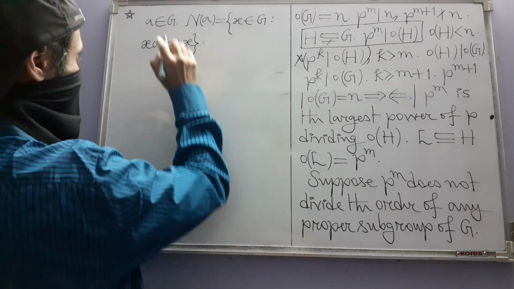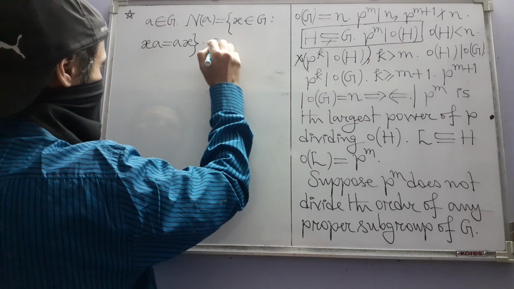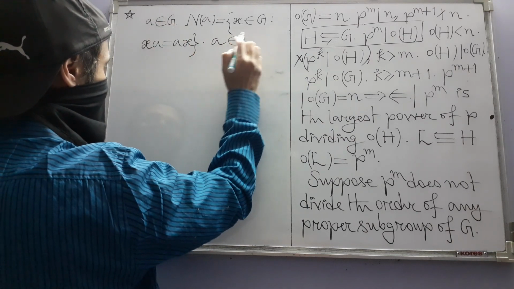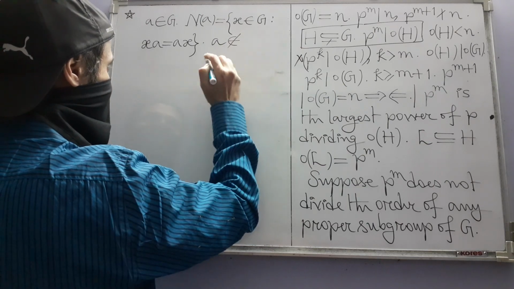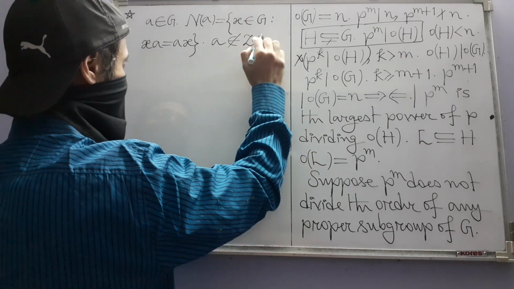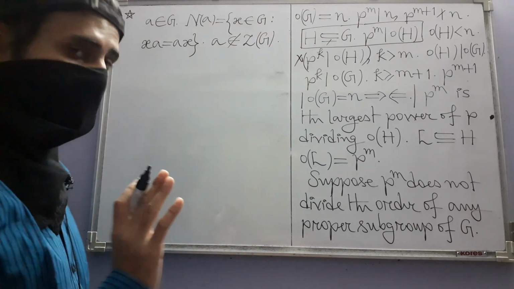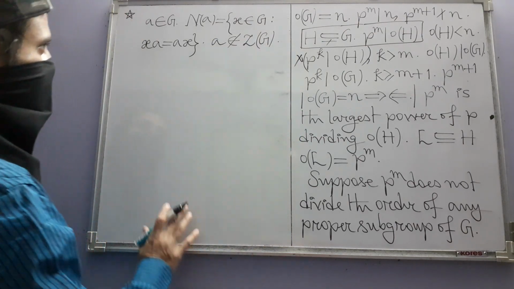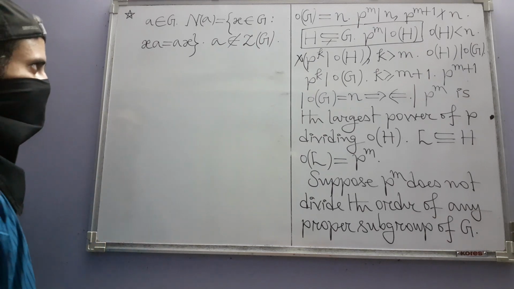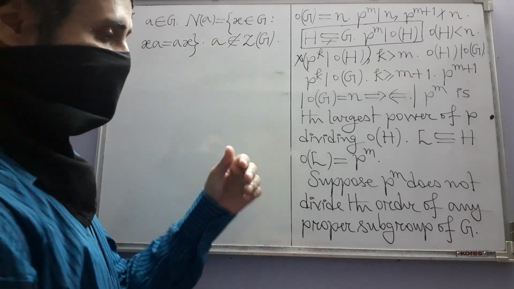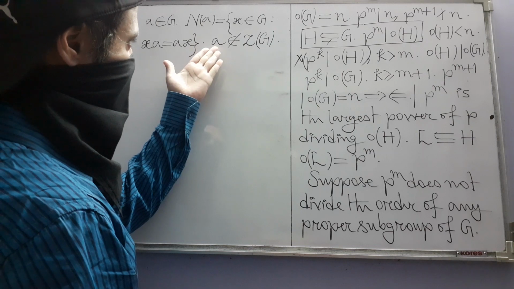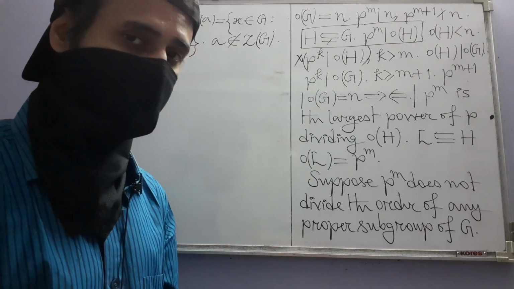But now, in particular, if A is a non-central element of G, if A is not in the center of G, then what happens? What does it mean when we say that A is a central element?